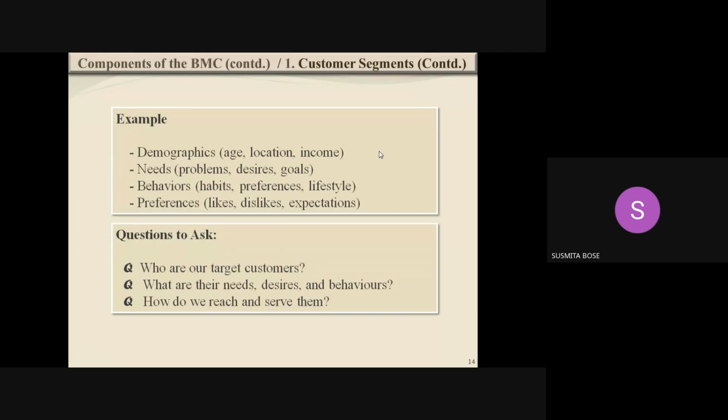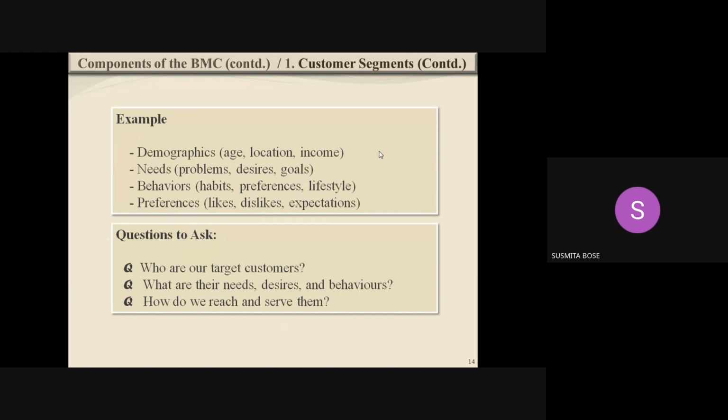So these are the demographics. The needs: what are the needs of the customer, their problems, their desires, their objective to buy that particular product, their behavior, habit, preference, their lifestyle, likes, dislikes, expectations.